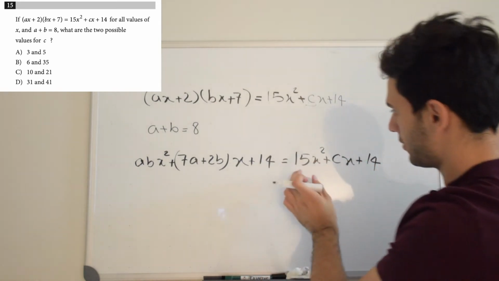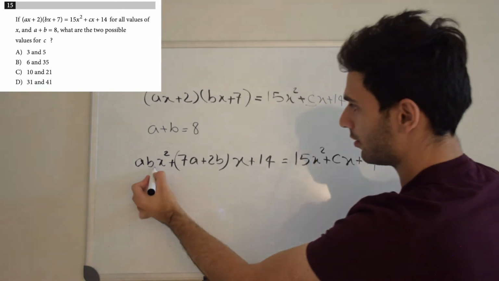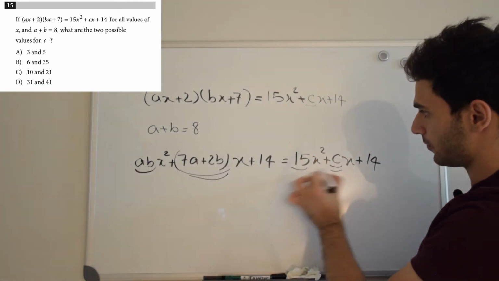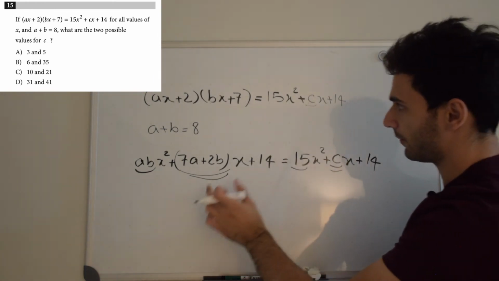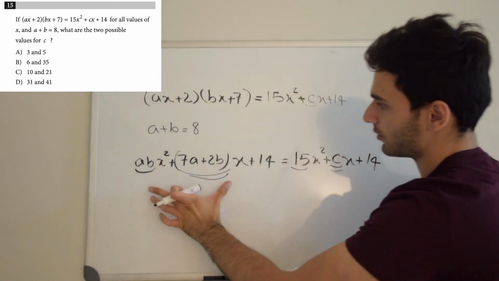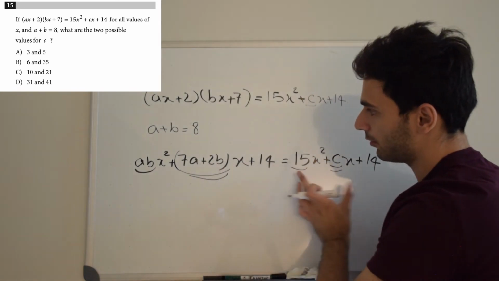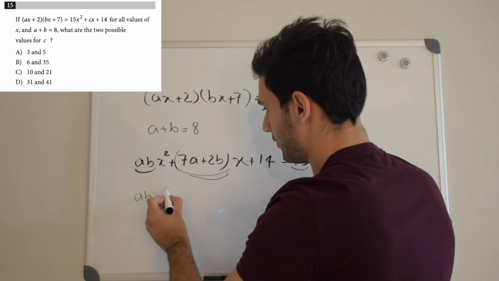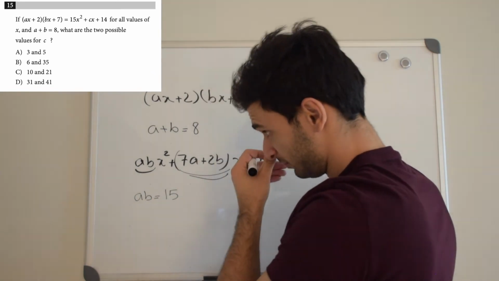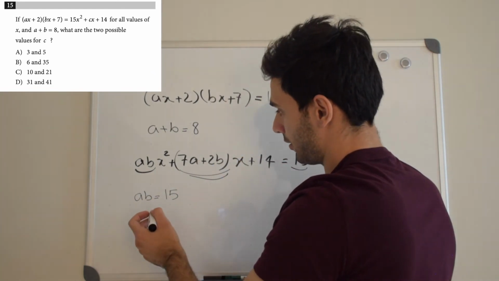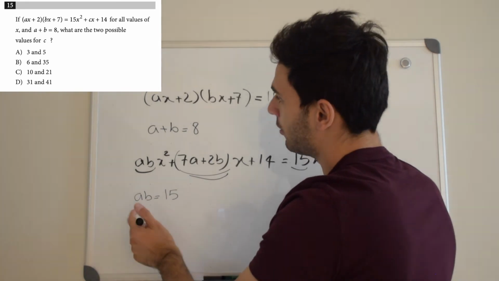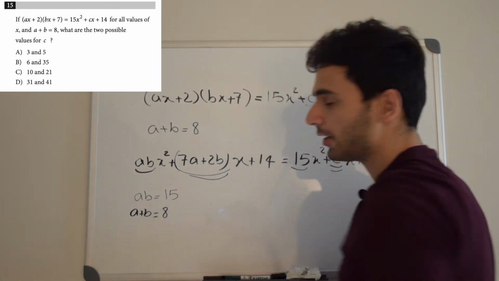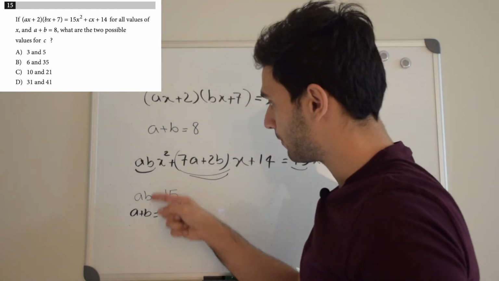So this should be equal to this one, and 14 is also equal to 14, because these two expressions are equal. So I can write ab equal to 15, and with a plus b equal to 8, from here I can find values for b and a.